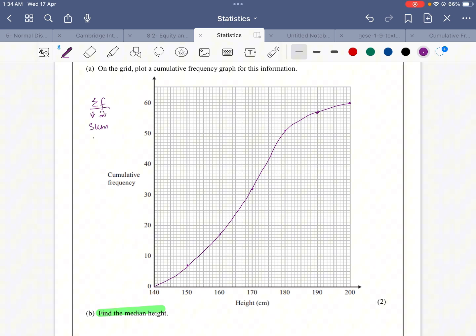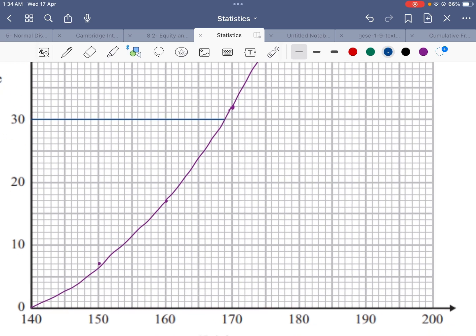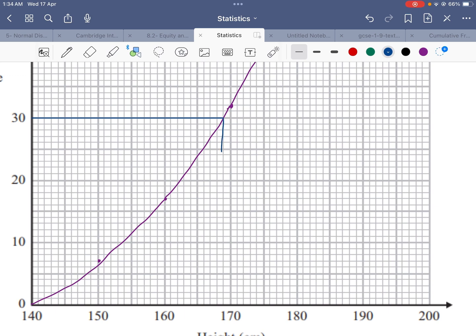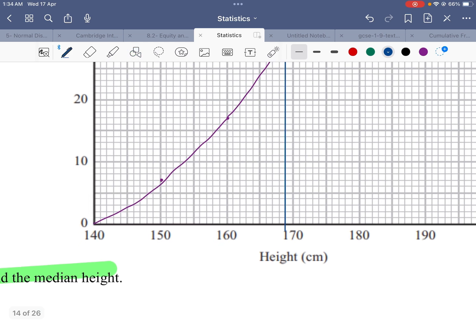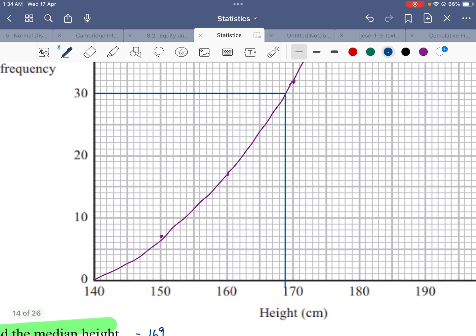So sigma f upon 2, 60 upon 2 is 30. Let's have a look at frequency 30, which is here, and you drop a line down to see what the median height is, which is 169. Median height here is 169.